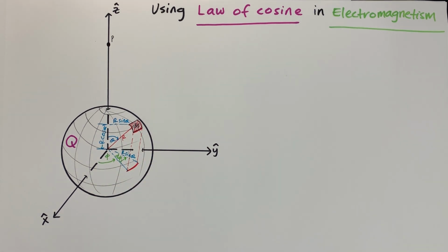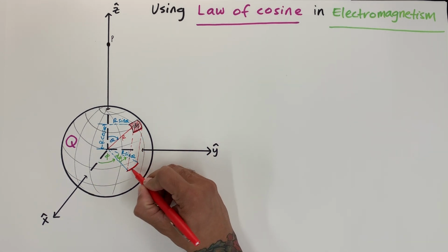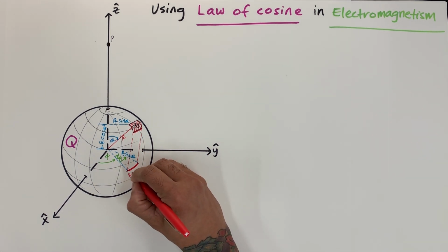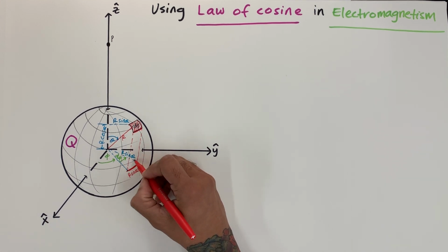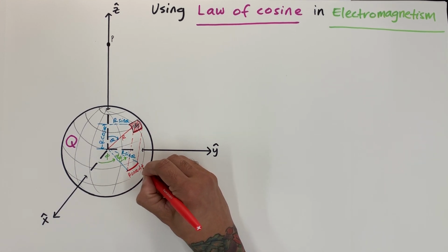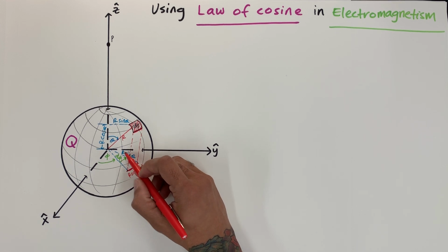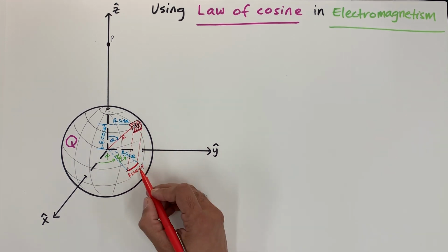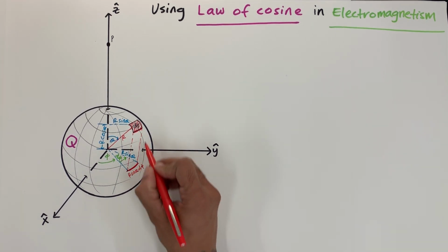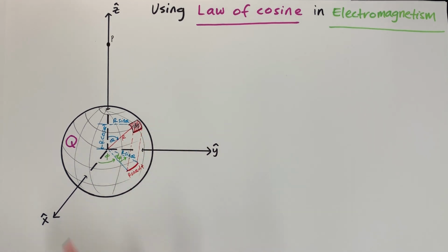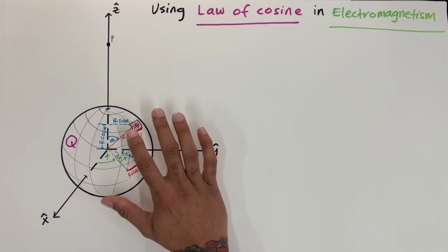Okay, leaving us with the arc length here of R sine theta d phi. Okay, R sine theta is the radius, and then d phi is the angle. So this angle right here is the same as this one. All right, and so we did this part already.